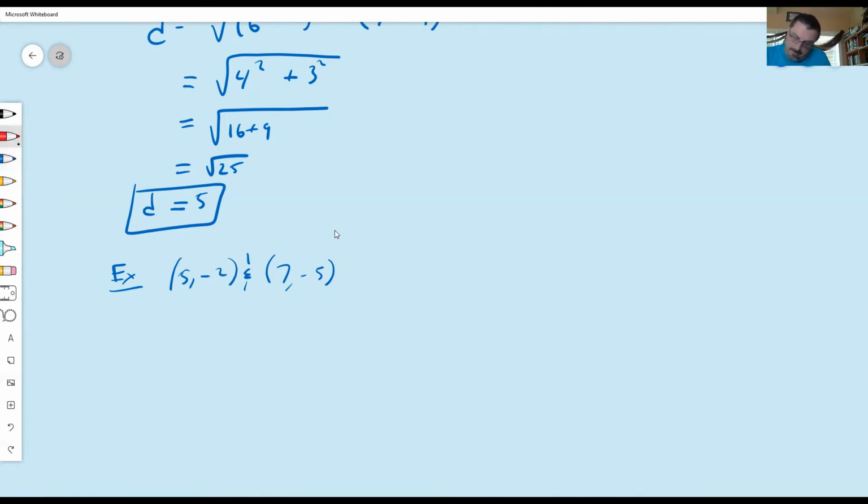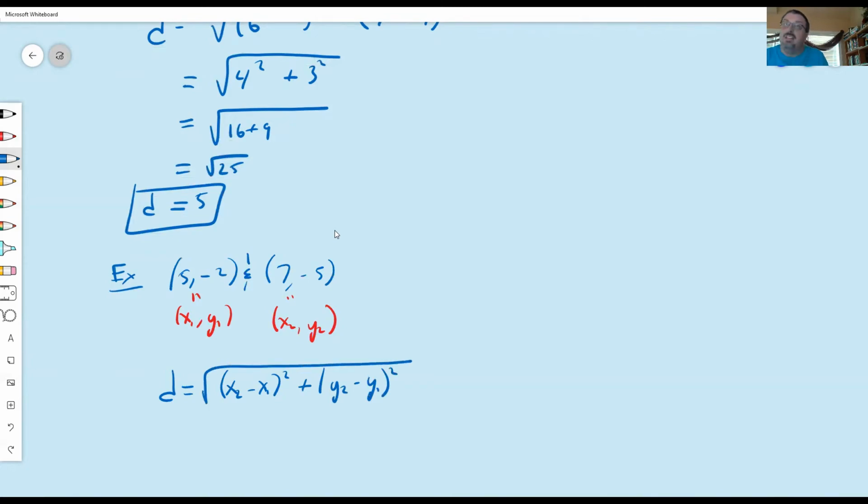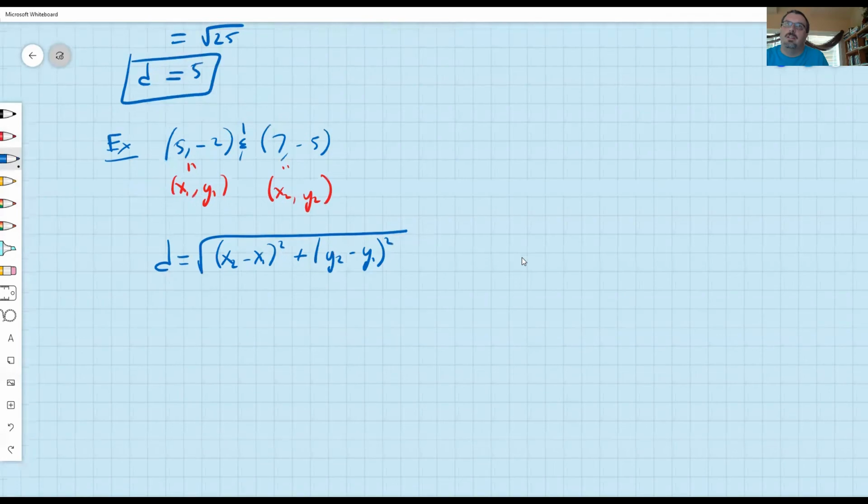So again, let's make the first point, point 1, and the second point, point 2. So it's x2 minus x1 squared plus y2 minus y1 squared. It's the formula again, just to remind ourselves.